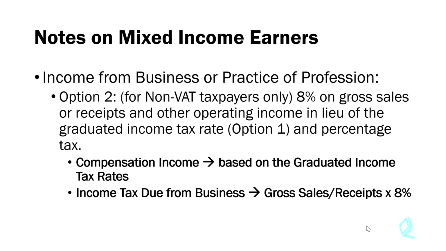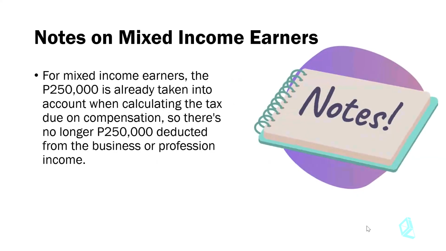However, you need to take note that if you are a mixed income earner and you used option number 2, the 250,000 peso tax exempt income has already been taken into account when they computed for your income tax on your compensation income. So there's no longer 250,000 pesos deducted from the business or profession income.